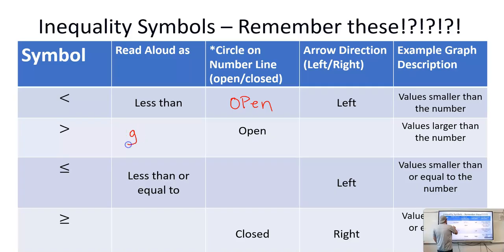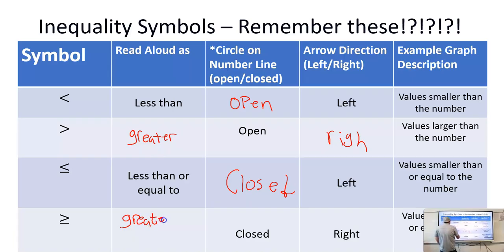This means greater than, and it'd be open going to the right. This means less than or equal to, which is closed, going to the left. And this sign is greater than or equal to, and it is closed going to the right.